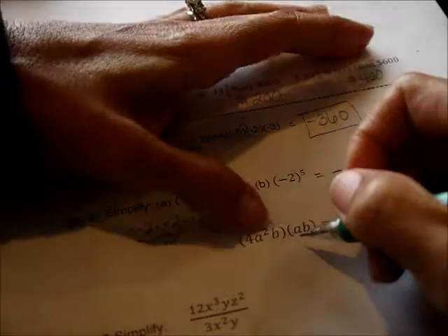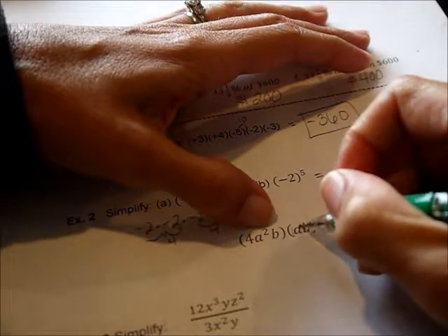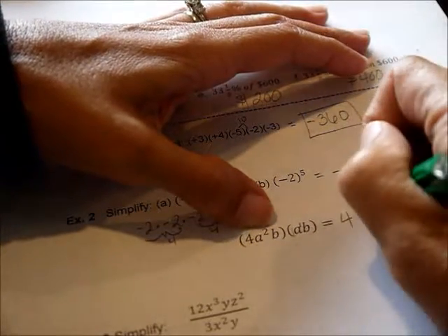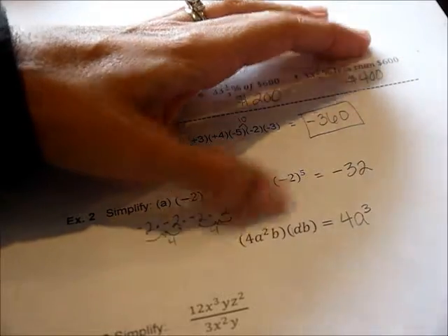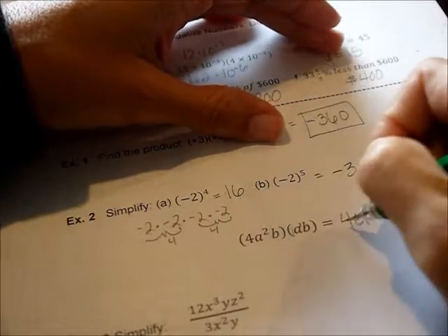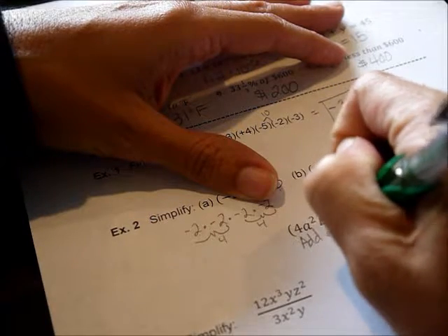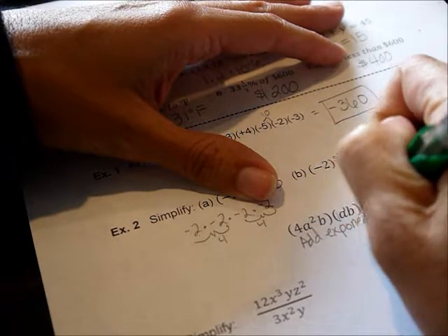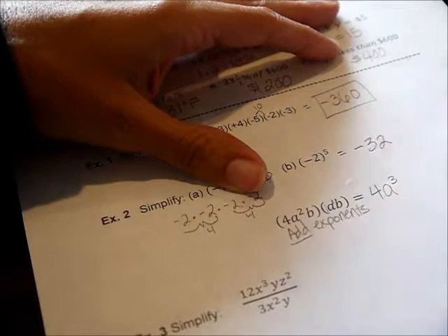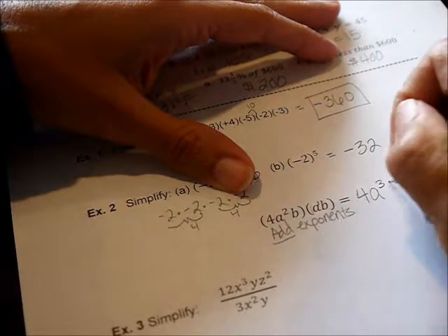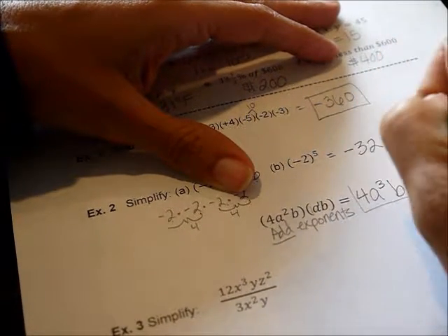And now we look at our a's. A to the 2nd power and a to the 1st power gives us a to the 3rd power, 2 plus 1. Remember, we add exponents. So I'm just going to write add exponents because we're going to do something different for division. B times b is b squared.